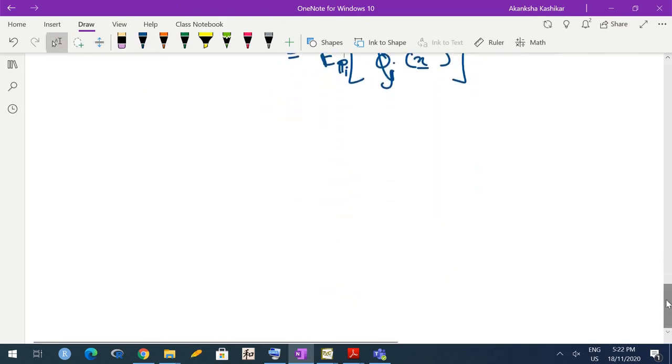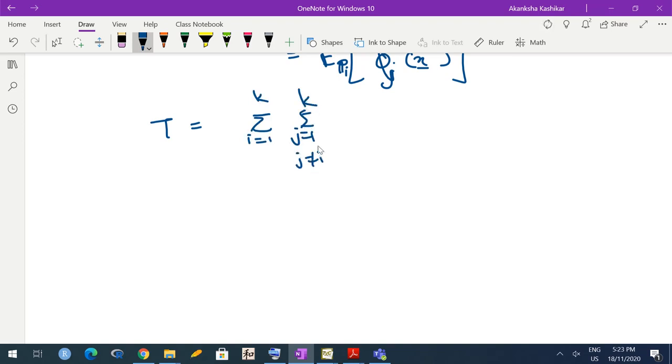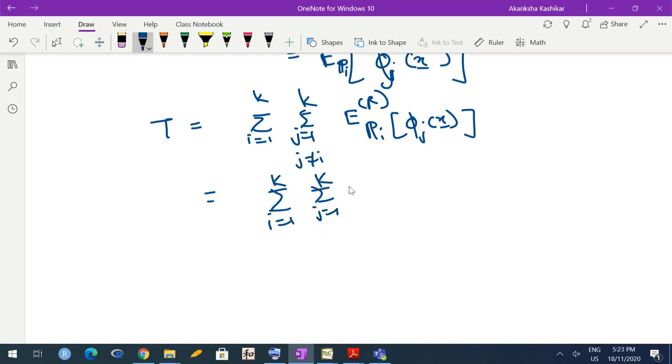Okay. Now let us try to simplify T using this form. So my T is actually the sum over i going from 1 to k, sum over j going from 1 to k, j not equal to i, and let me substitute: E_Pi,R of phi j(X). Correct? Now for j not equal to i, can I try to simplify it? Maybe I can make it j equal to 1 to k, the entire thing, E_Pi,R of phi j(X).